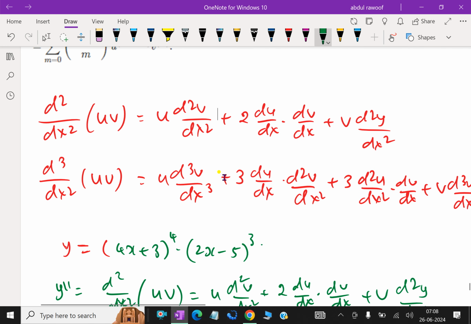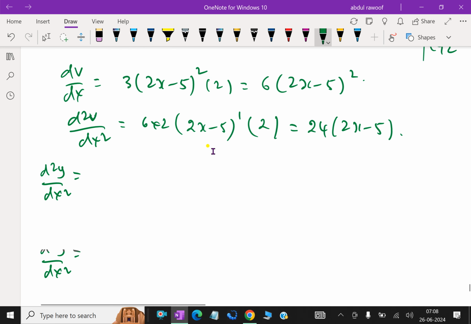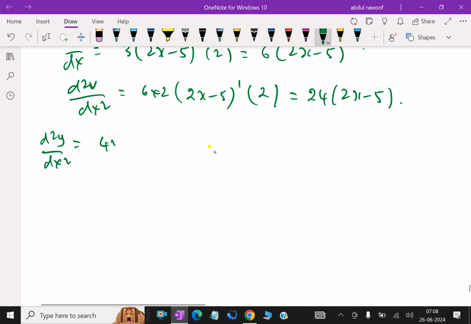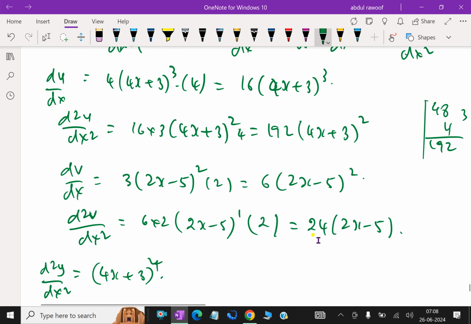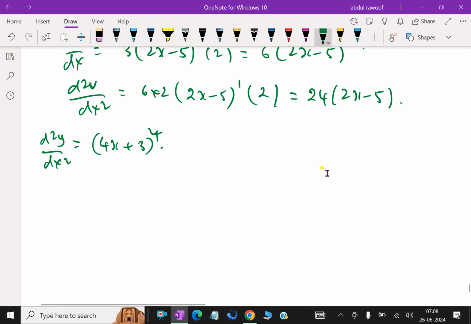U is 4x plus 3 power 4. Then d square v by dx square is 24 into 2x minus 5.